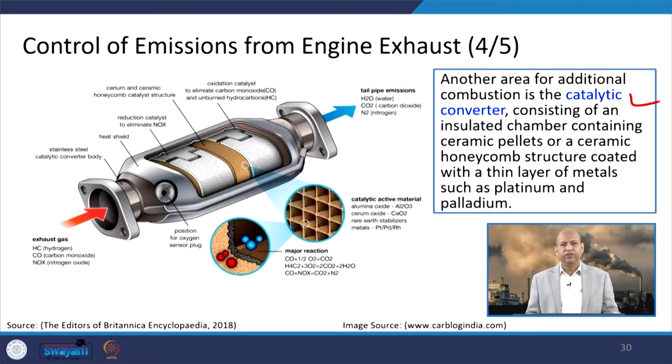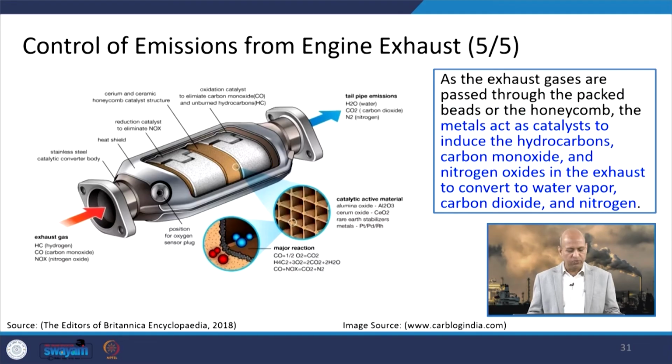Then there is another way of controlling these emissions from engine exhaust, and that is the catalytic converter. Catalytic converters consist of an insulated chamber which contains ceramic pellets or a ceramic honeycomb structure, coated with a thin layer of metals such as platinum and palladium. They act like catalysts to convert harmful gases into non-harmful gases.